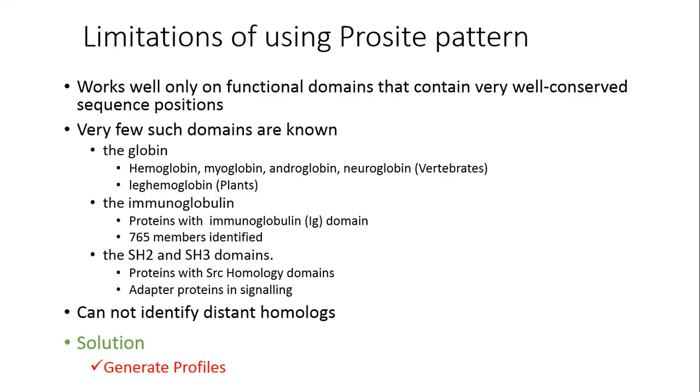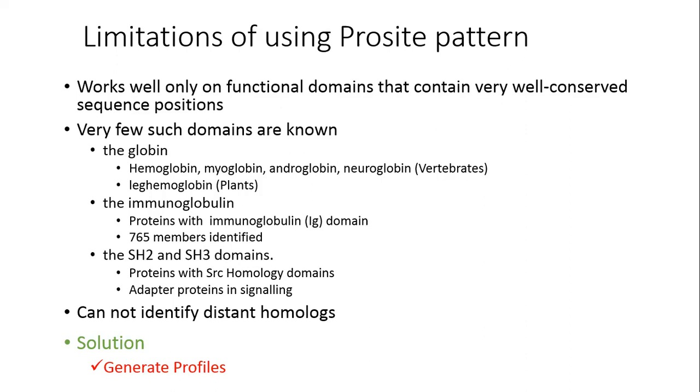These are the problems that appear when you consider sequences that are distantly related to each other across genera or even divisions or classes. So identifying distant homologues with a PROSITE pattern becomes a difficult task.